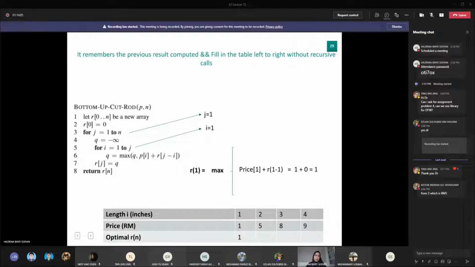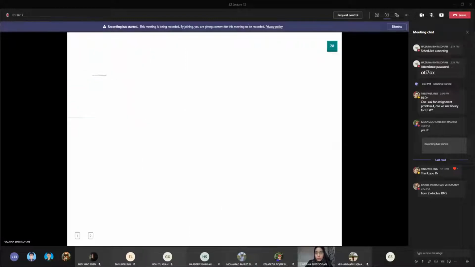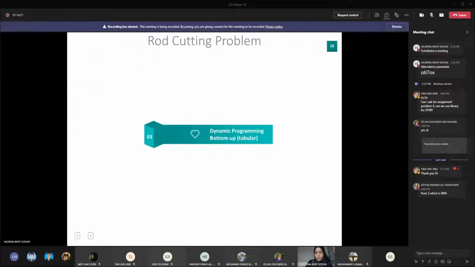That is why the best is to use tabular compared to memoization using recursion. So let's go through our last approach, which is dynamic programming bottom-up tabular.